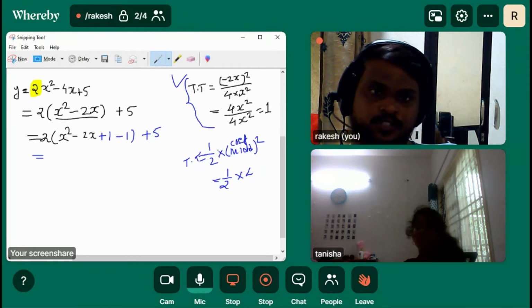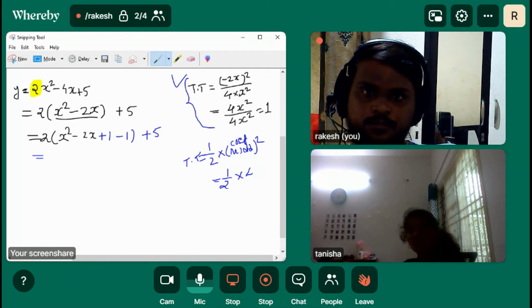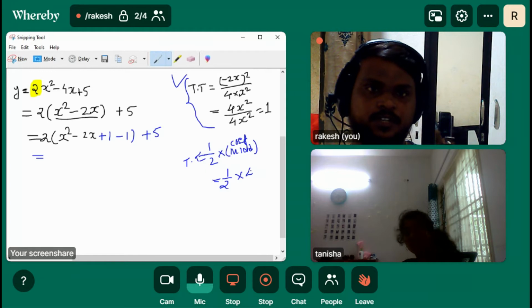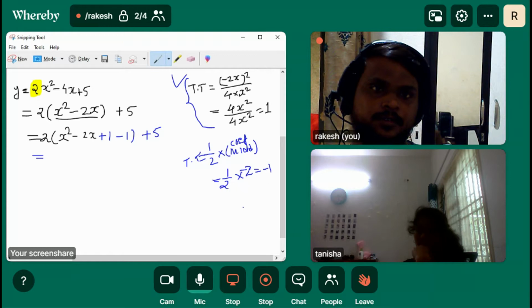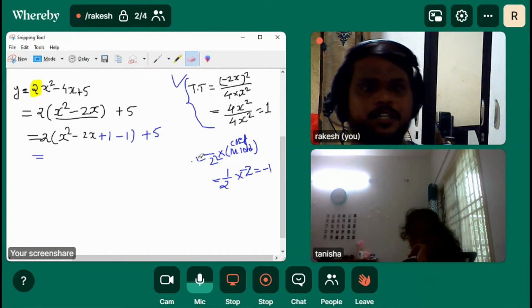Okay, so 1 over 2 into the coefficient of middle term, square is not there, no? In the formula, we don't have square. Oh no, it's middle term by 2 squared. Middle term by 2 square, like this. So it's also 1. Okay, so fine.